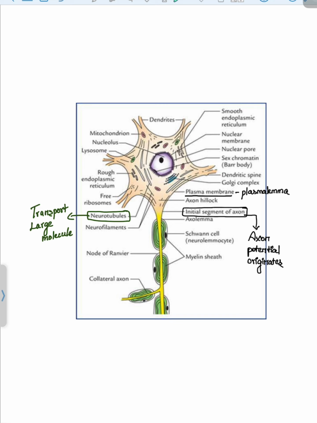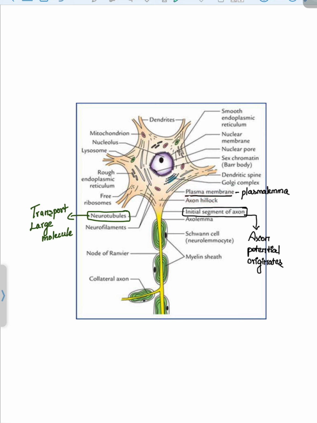And before going into the discussion of dendrites, I would like to tell you one thing. When there is cytoplasm, when there is nucleus, when we see a black color border covering the cell body, covering the axon, I have to discuss about that, which is nothing but the plasma membrane, which is the outer covering of a neuron.